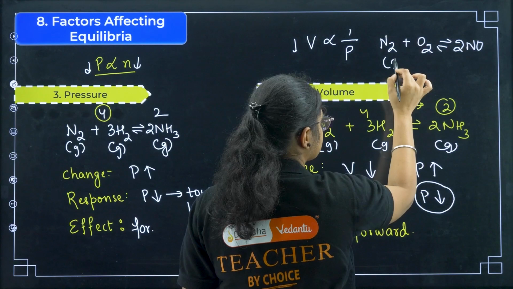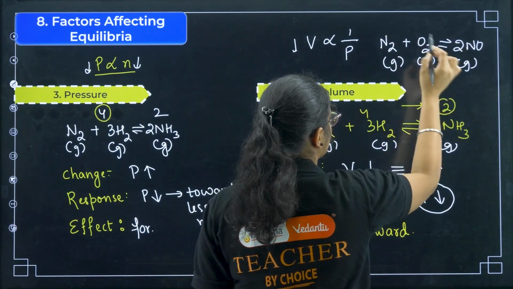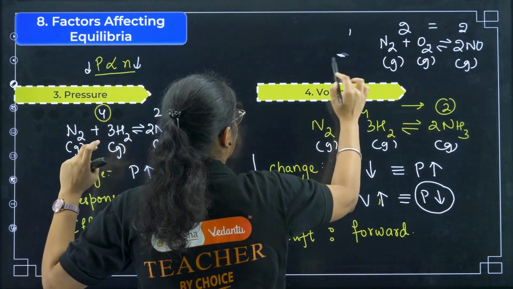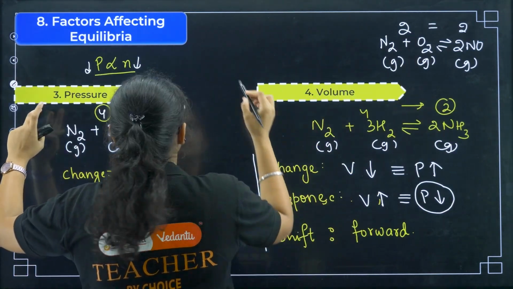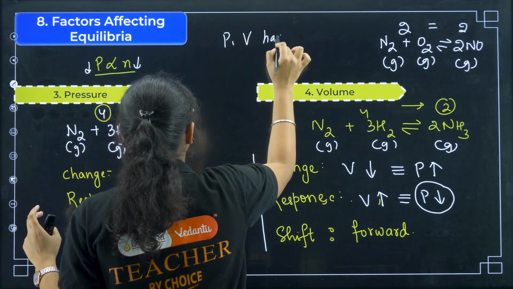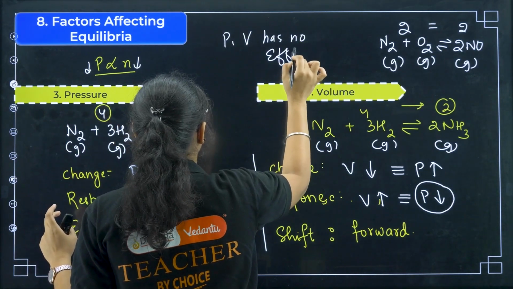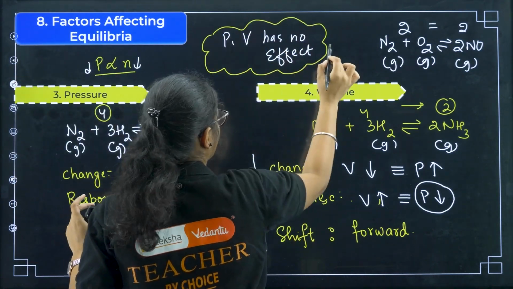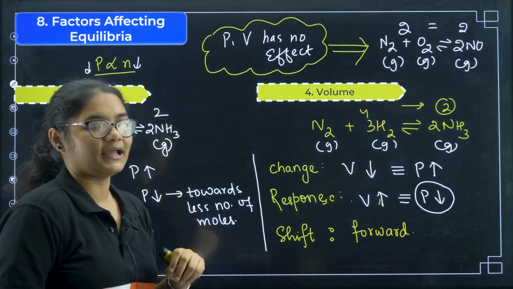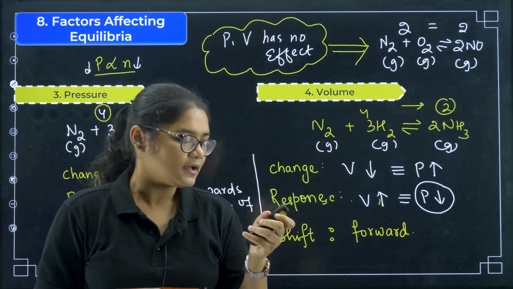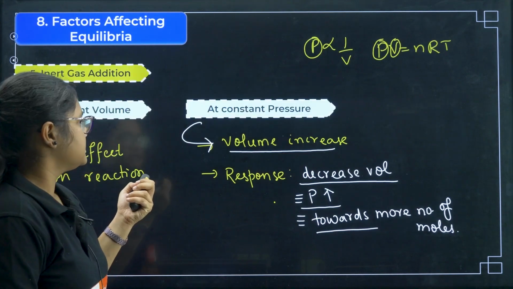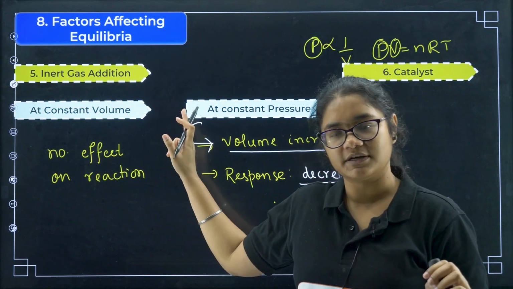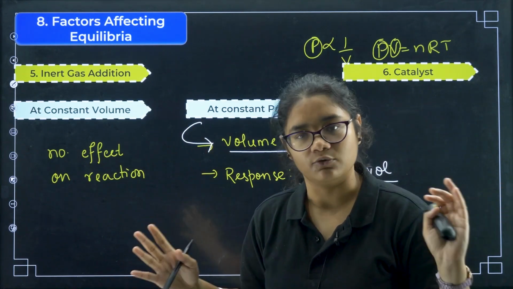In such reactions, where the number of gaseous molecules on the reactant side is equal to the product side, pressure and volume have no effect, since the number of moles of reactant and product is the same. Clear? So inert gas addition is also the same, understood. At constant volume there is no effect, at constant pressure it will go towards more number of moles.